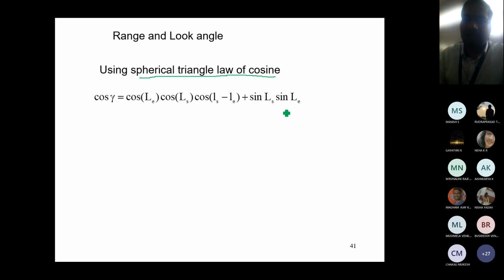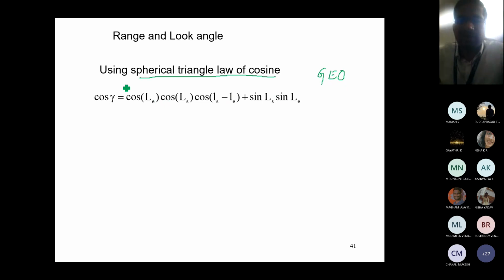Okay. Now I will ask a very simple question, and you will be able to answer by using this. Suppose my question is, suppose the satellite is a geostationary Earth orbit satellite, or geostationary satellite.